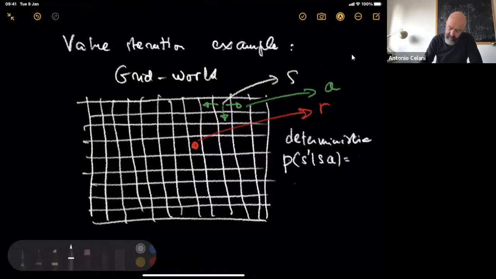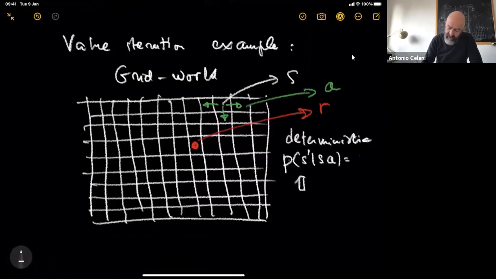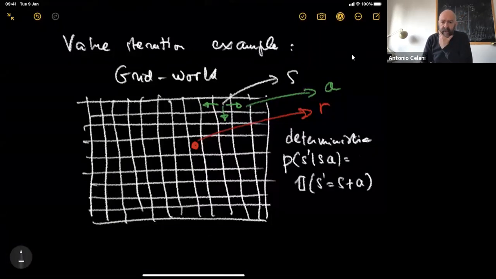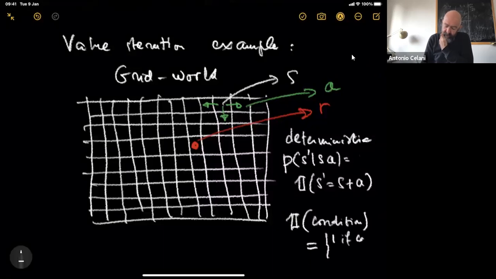This is just, okay, let me draw this symbol and then explain what that is. 1 of S prime equals S plus A. This one means that every time that I write in the following something like 1 of some condition, this object is 1 if the condition is true and 0 if false.